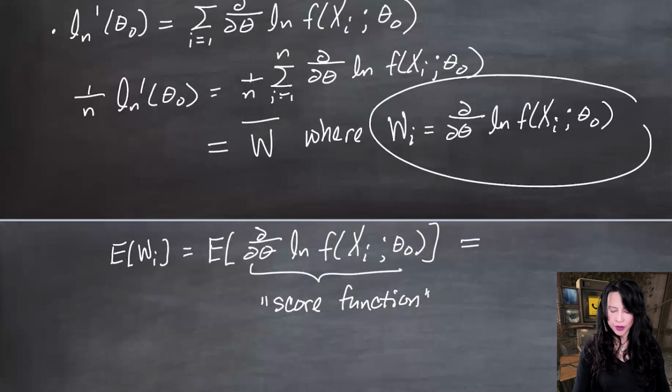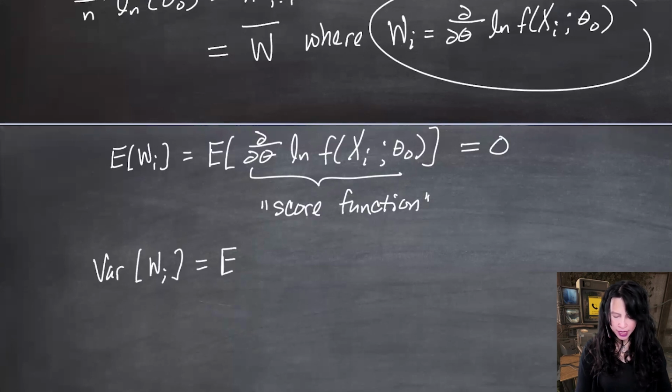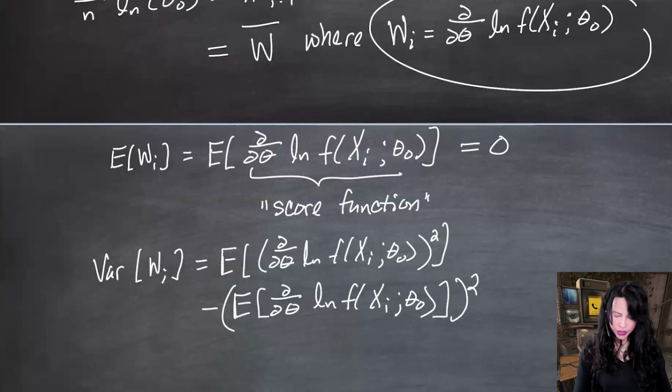The expected value of the score function, a property we showed, was 0. How about the variance? The variance of Wi is going to be the expected value of this thing all squared minus the expected value of the thing, and then a square on the outside. But we just said that this is 0. So it's really just this piece.